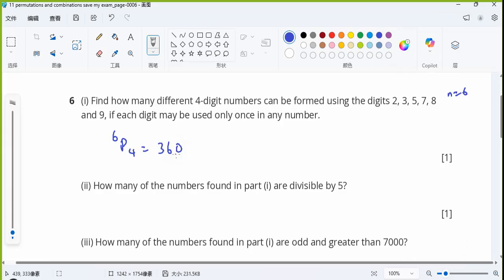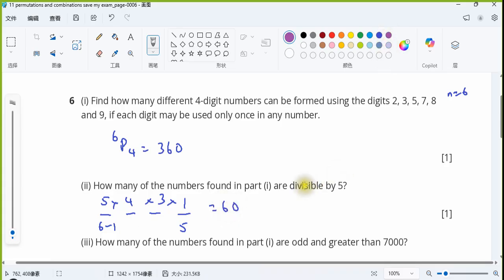And then how many of the numbers found in part 1 are divisible by 5? So a 4-digit number divisible by 5 must end with 5, so 1 choice here, and then out of 6 minus 1, then 5, 4, 3. So this is 60.